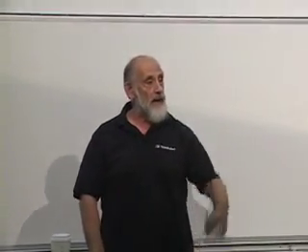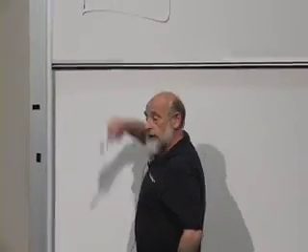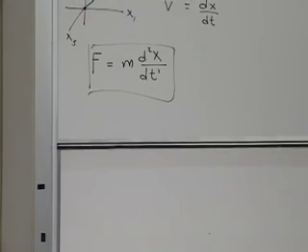And second of all, perhaps a little bit less obvious, but nevertheless true, in the approximation where the Earth is infinite and flat, goes on and on forever, the gravitational force doesn't depend on how high you are. Same gravitational force here as here. The implication of that is that the acceleration on an object is independent of where you put it.